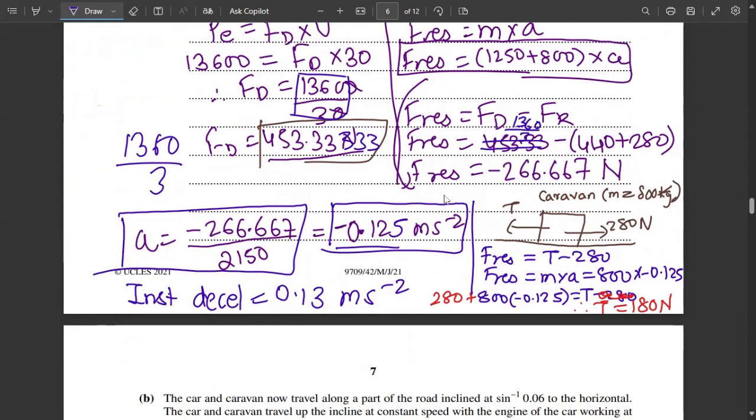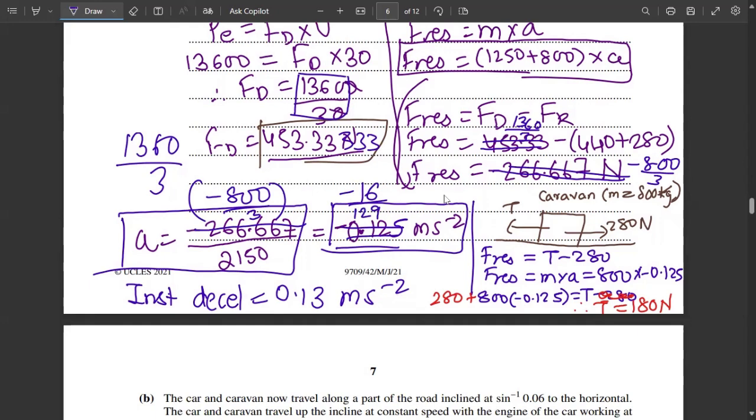So 1360 upon 3 minus 440 plus 280 will give me minus 800 upon 3. So let us write minus 800 upon 3 here. And so here also we'll use minus 800 upon 3. Minus 800 upon 3, answer upon 2150, will give me minus 16 upon 129.